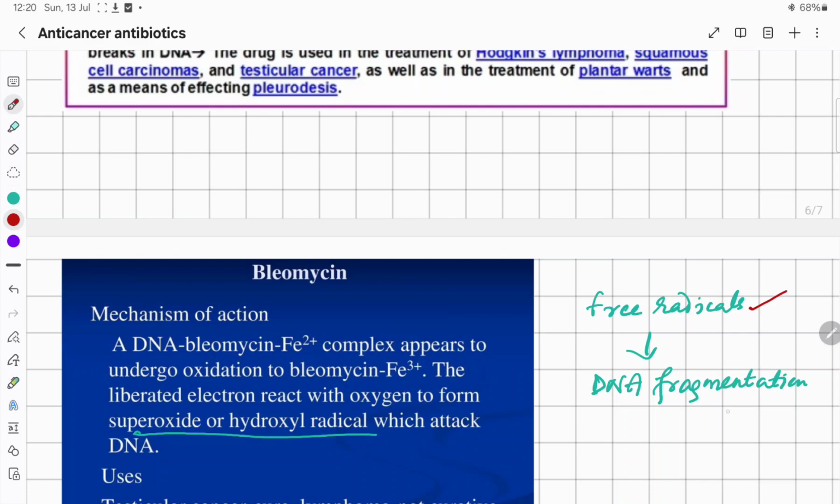The DNA, bleomycin, and iron complex appears to undergo oxidation from the ferrous to the ferric complex and liberates an electron, which reacts with oxygen to form superoxide, and then further generates the hydroxyl radical, and they cause the fragmentation or breakage of DNA.